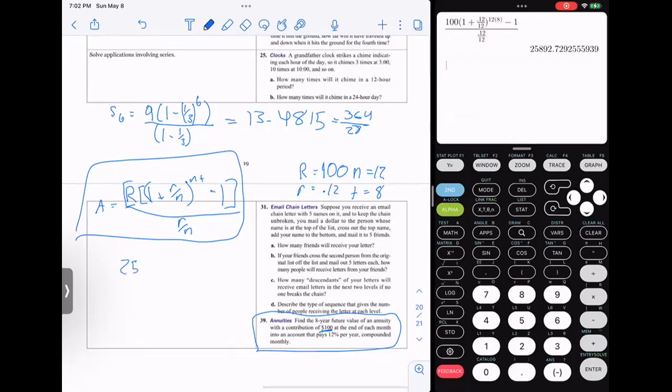So that'd be $2,582.73. That's how we do that.